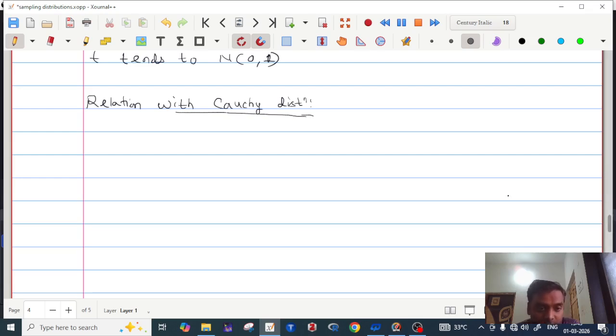If t follows t with n degrees of freedom, then its PDF is 1 upon root n into 1 upon beta of 1 by 2, n by 2, multiplied by 1 upon (1 plus t square upon n) raised to n plus 1 upon 2.